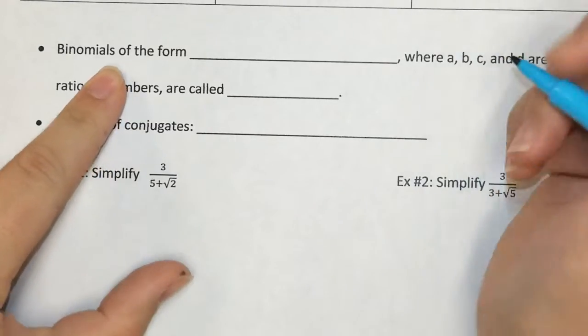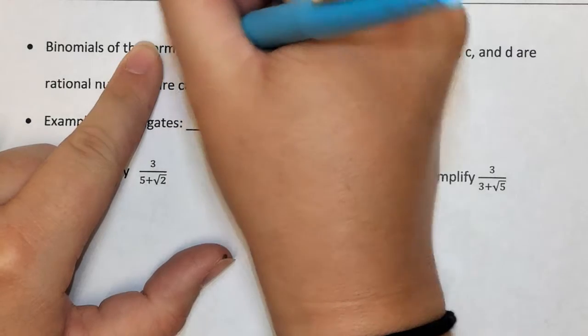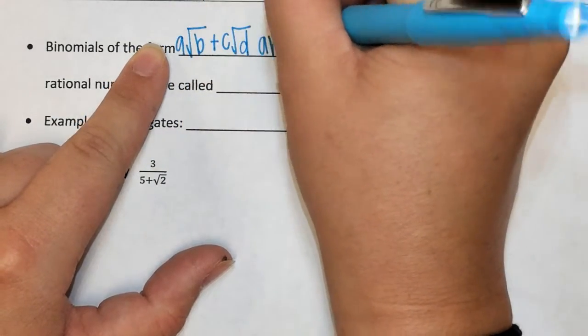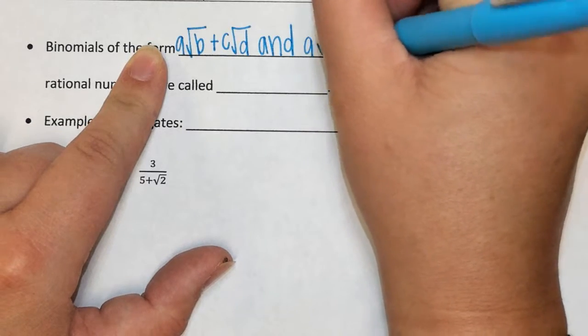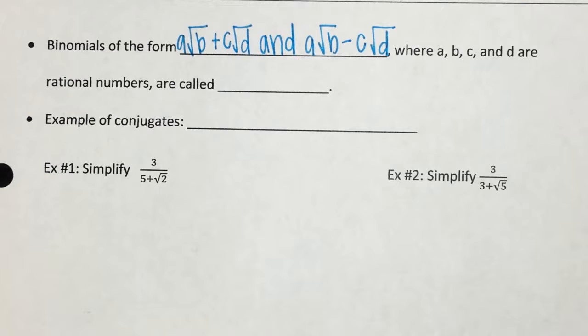Okay, so write this down. Binomials of the form A square root of B plus C square root of D. Write this down.